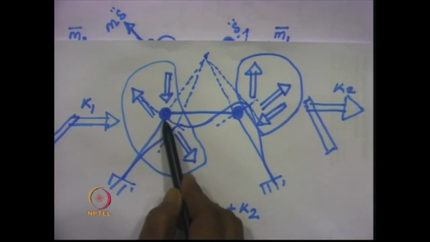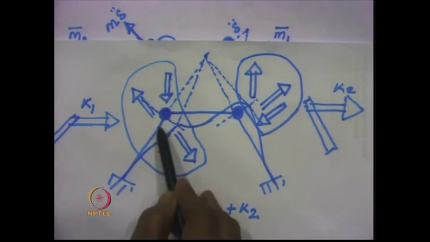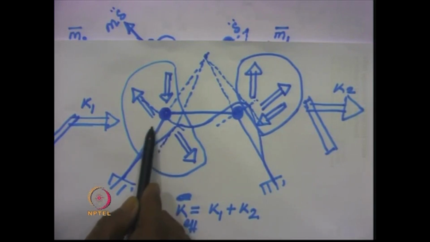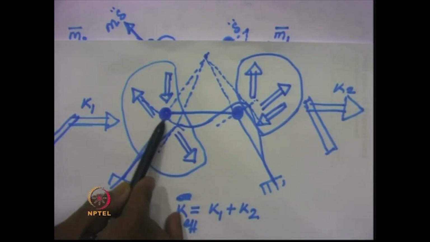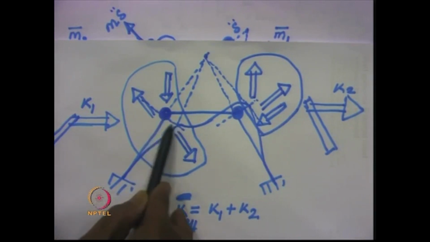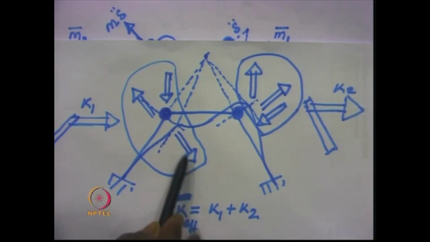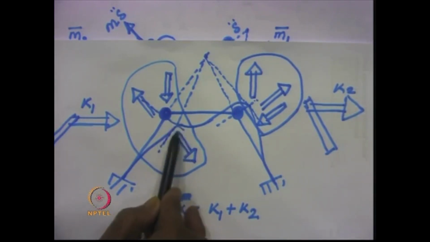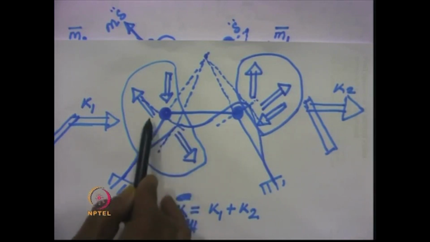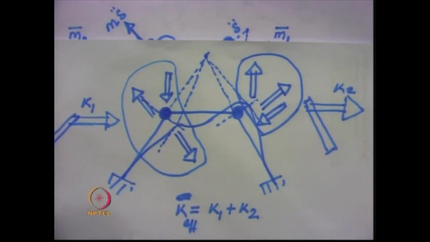Next let us take this particular inclined leg. In the inclined leg, since it is moving perpendicular to the member over here, there will be a moment produced and a shear force in this direction, plus there is a rotation in this direction, and this rotation will give rise to a shear force in this direction.